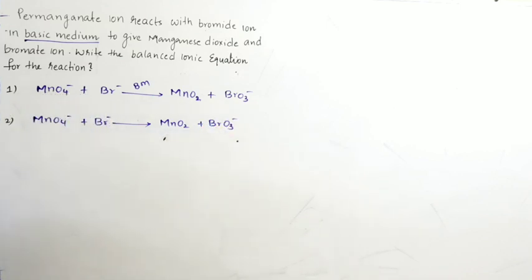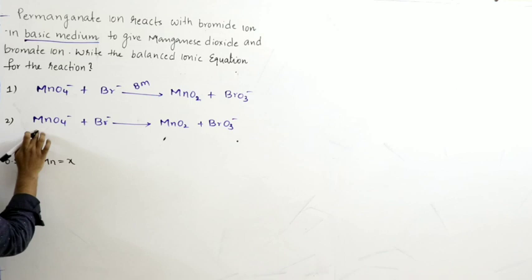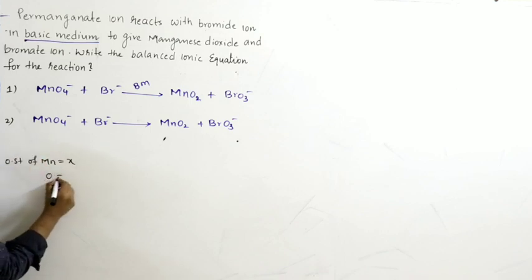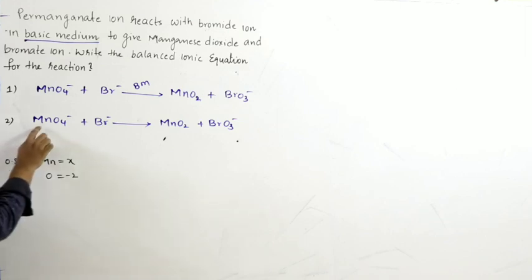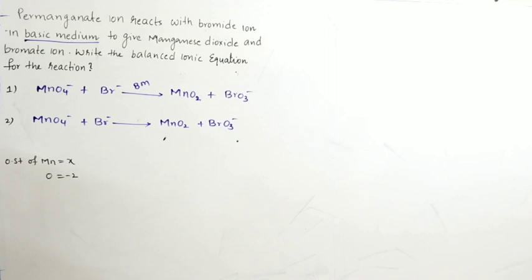So let us find it by our normal method. In MnO4 minus, let the oxidation state of manganese, which we don't know, be X. It is an oxide of manganese, so the oxidation state of oxygen will be as usual, minus 2. The sum of the oxidation states of manganese and 4 oxygens must equal the negative charge.